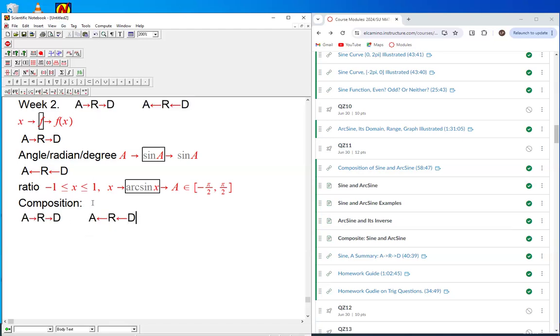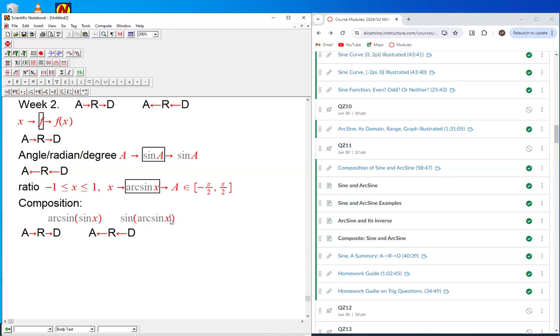For composition, you will see arcsine of sine. The inside is A to D, and after you get the D, you apply arcsine, which is D to A. And there is the other situation, sine of arcsine.